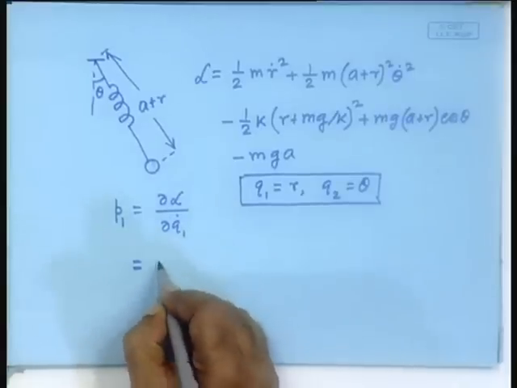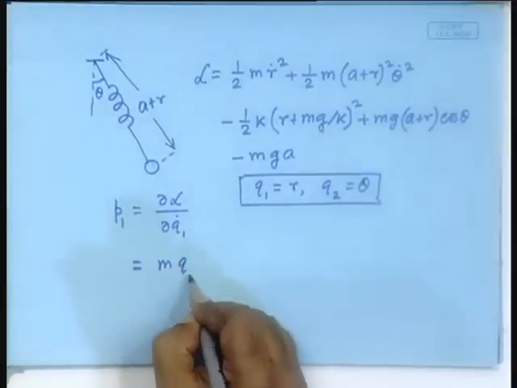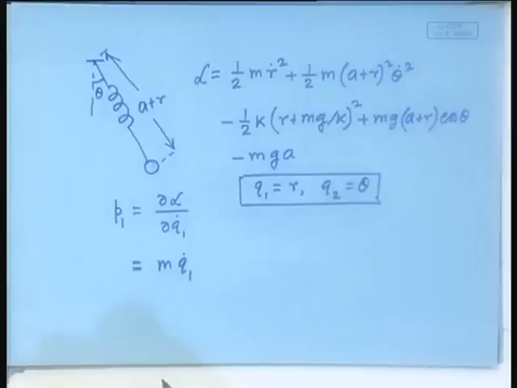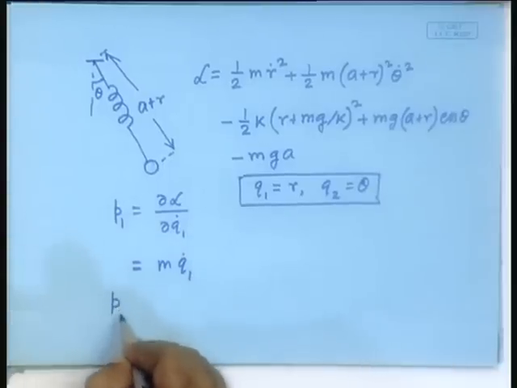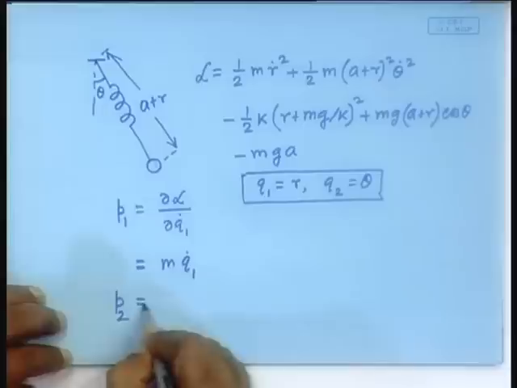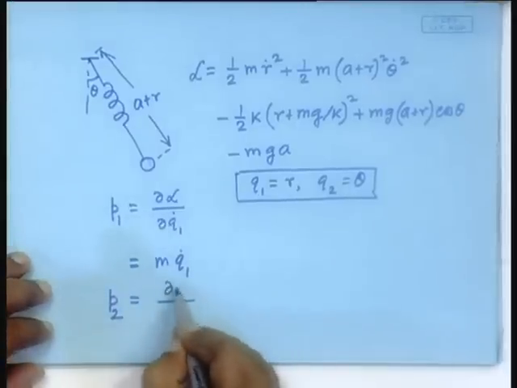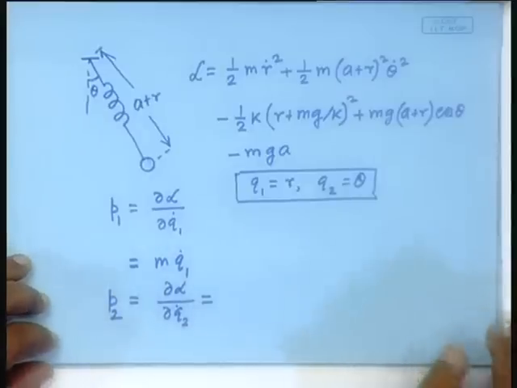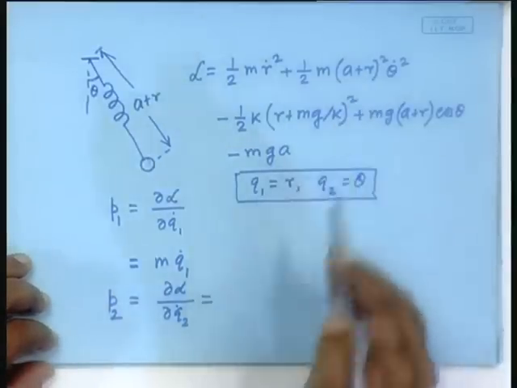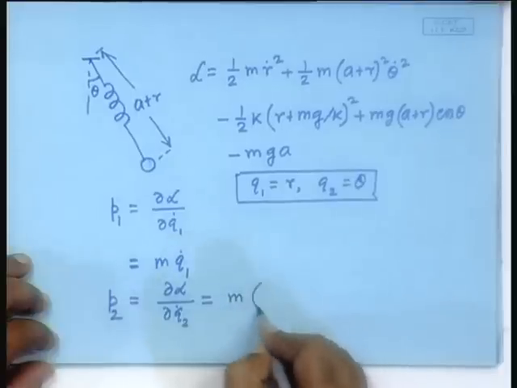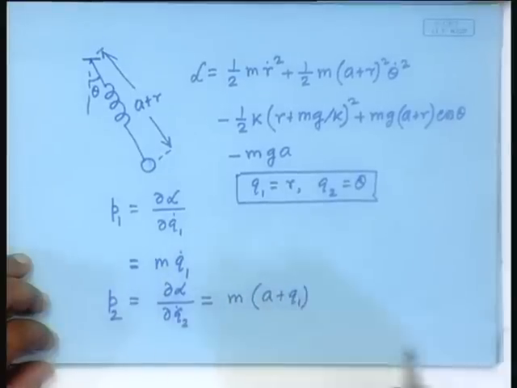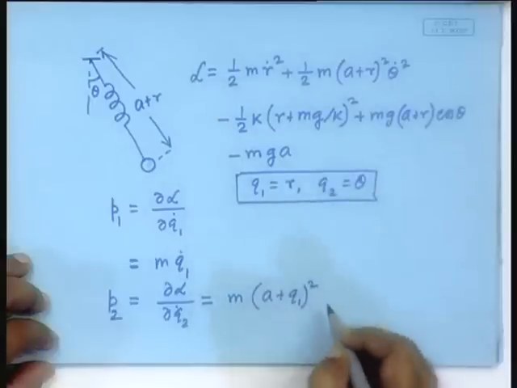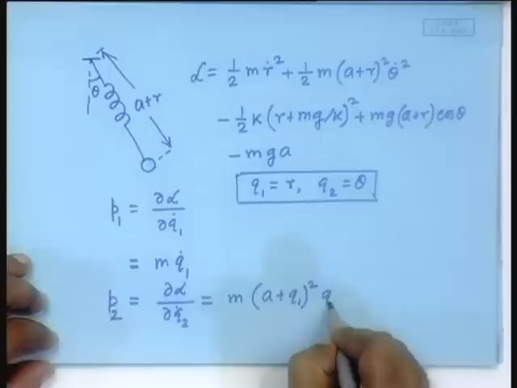So, this is m q_1 dot, right. So, that is the momentum in the first coordinate, and in the second coordinate the momentum is m (a plus q_1) square into q_2 dot.